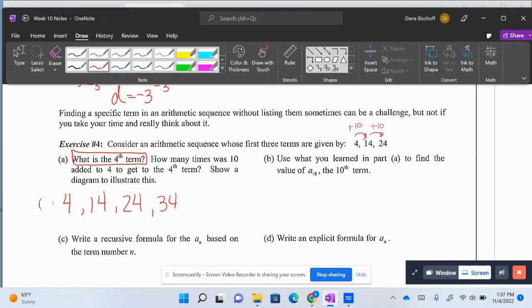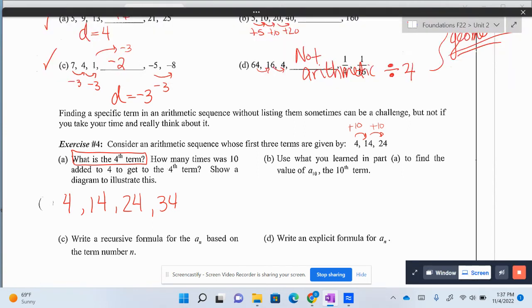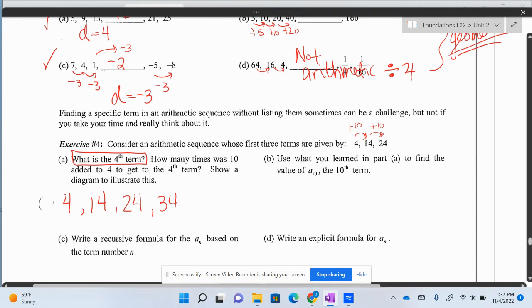What's your question, sir? I was going to say the fourth term. So I think Hayden already said it. 34. Oh, you said the third one? Okay. We already knew what the third one was.